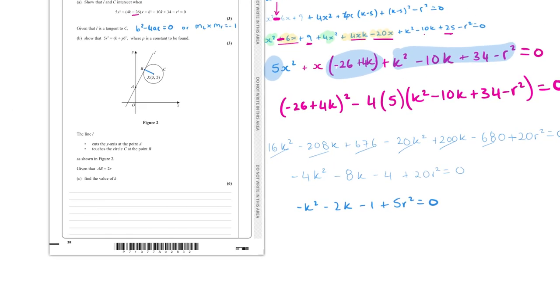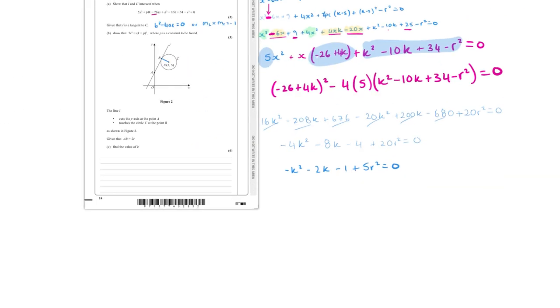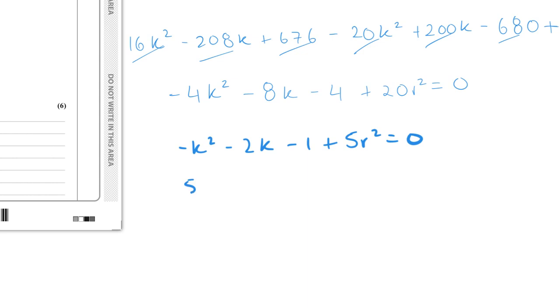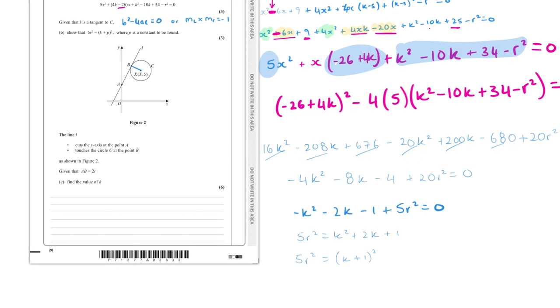And then, oh, perfect. If I move everything to the other side, because it has 5r squared, this makes everything positive. K squared plus 2k plus 1. And then we can factorize this. This is k plus 1 squared. 3 marks. That took a while, didn't it? So p equals 1. Easy.